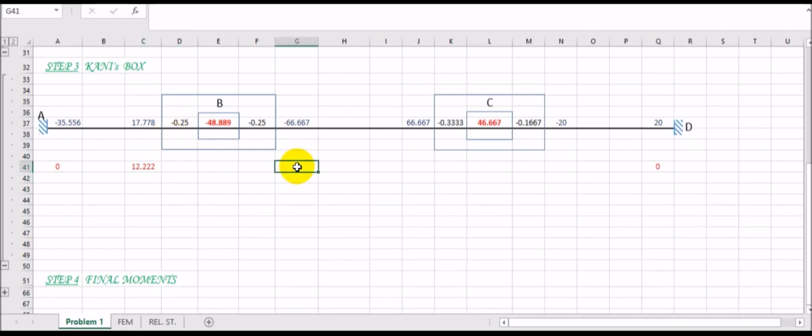Again here we'll write the same thing: summation moment plus the latest iteration value of left support plus the latest iteration value of right support into my rotation factor, which is equal to 12.22. Here it is equal to summation moment plus the latest iteration value of left support plus the latest iteration value of right support into the rotation factor.